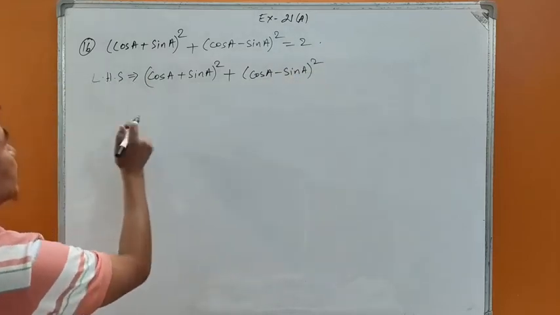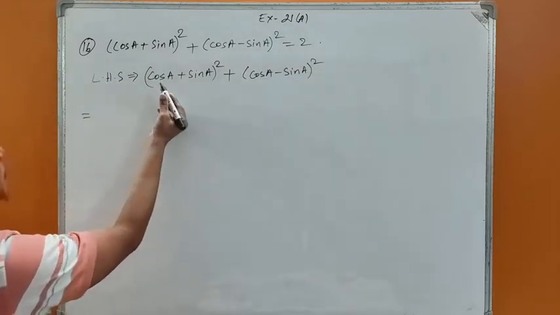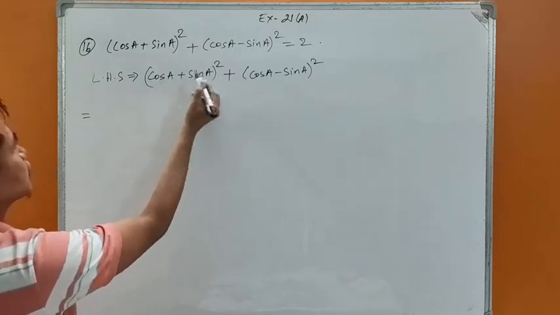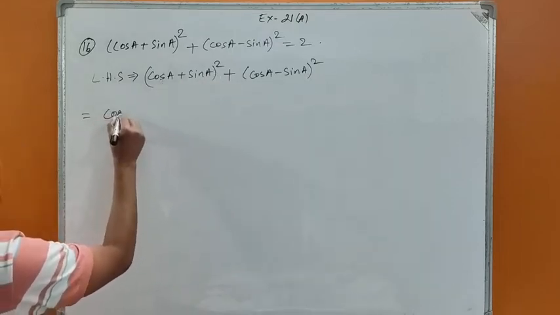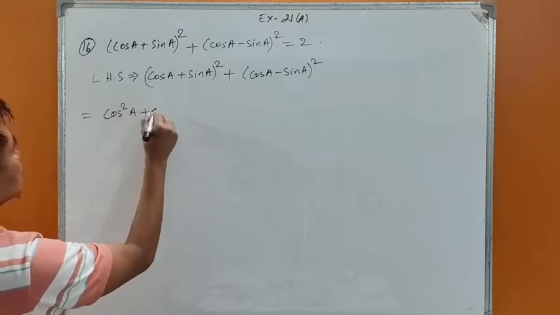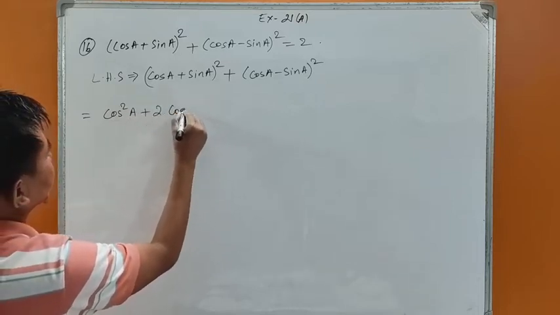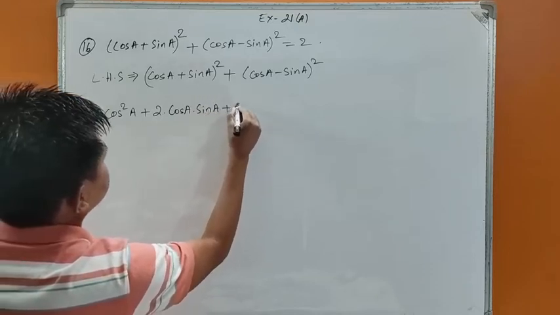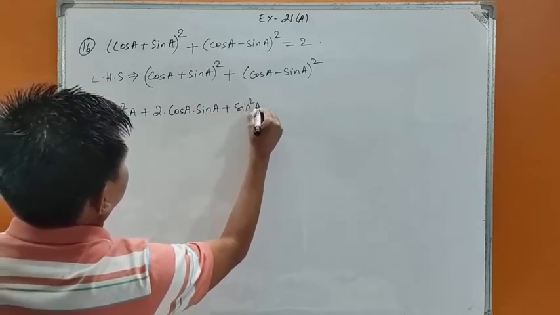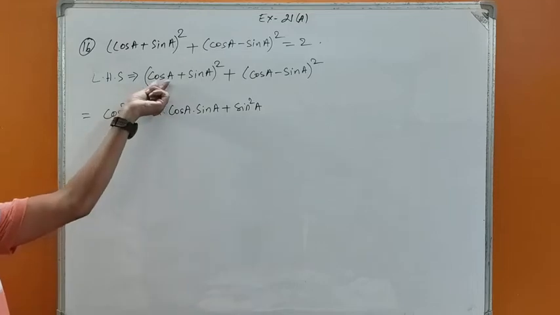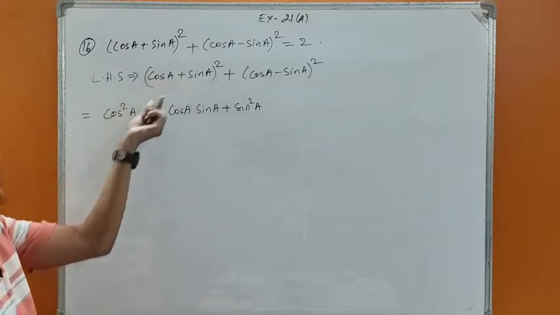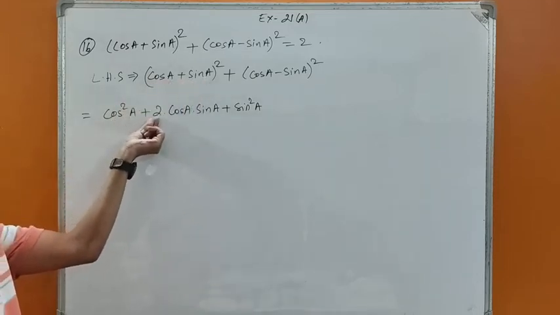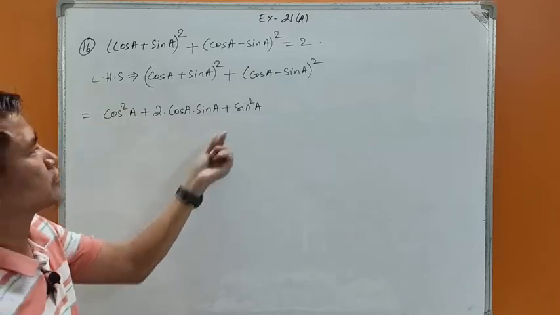This is left hand side. Now we will apply the formula (a plus b) whole square, means a square plus 2ab, isn't it, plus b square. Are you getting me? Cos a is a and sin a is b. Okay, a square plus 2ab plus b square.